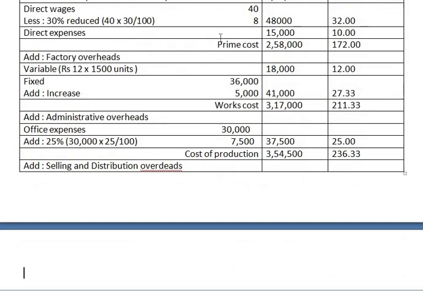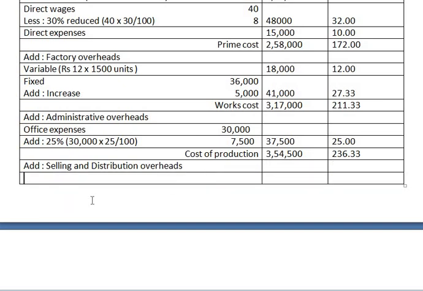So only fixed is going to increase but not the variable. Marketing expenses, that is variable.